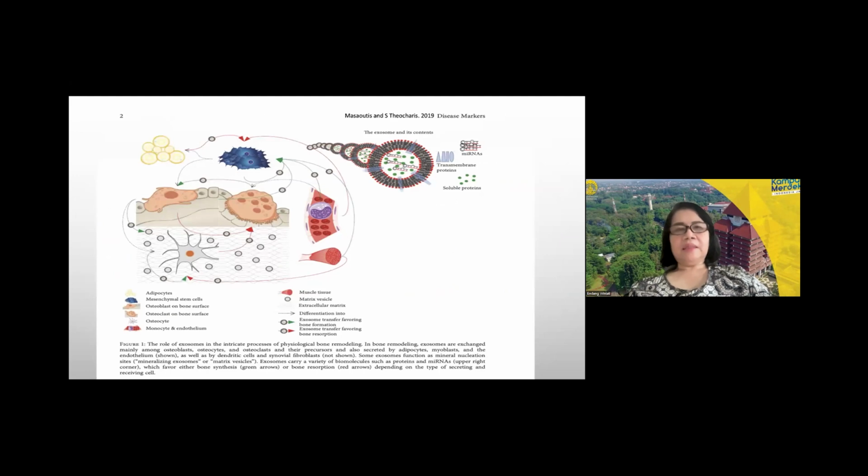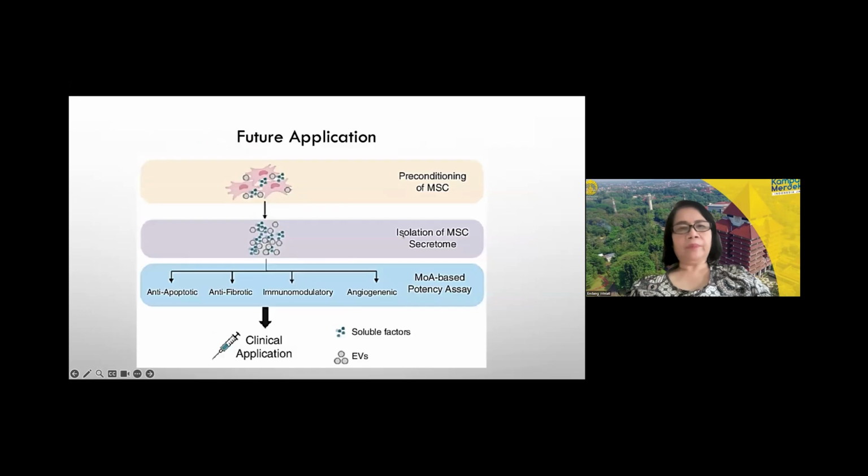So here the figure explains the important cooperation between adipocyte, mesenchymal stem cell, osteoblast on bone surface, osteoclast, osteocyte, monocyte, and endothelium during bone regeneration. Here are the components of supramolecules that are needed, such as microRNA, transmembrane protein, and soluble protein, as I mentioned before.